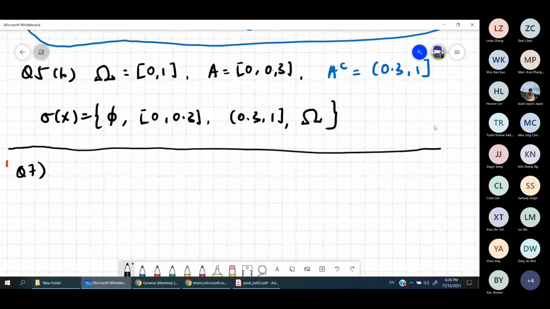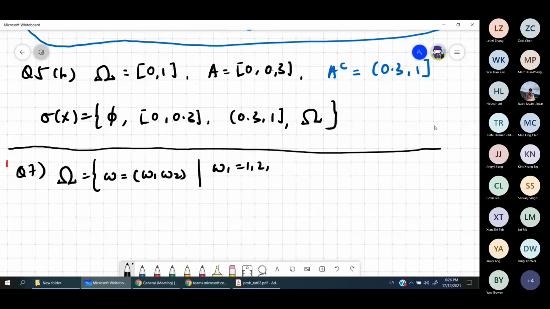Maybe what you can do is, in this case, omega will be equal to small omega, which consists of two elements, omega 1 and omega 2, whereby omega 1 runs from 1 up to 6, and the same for omega 2 running from 1 up to 6.